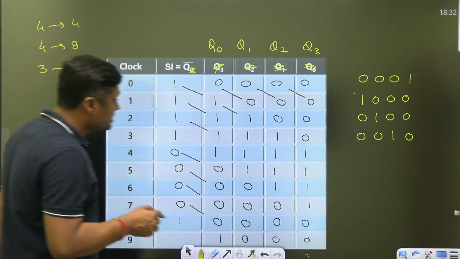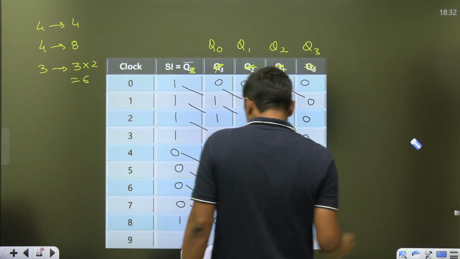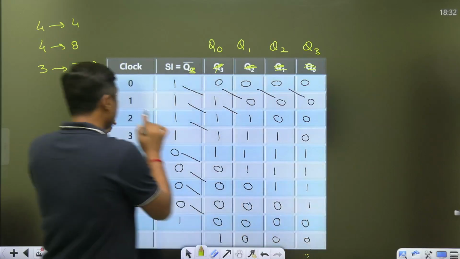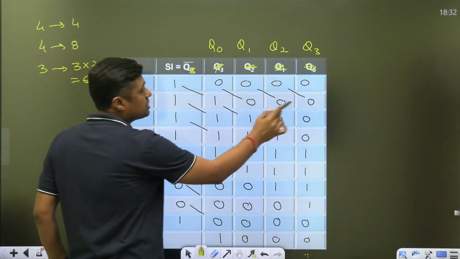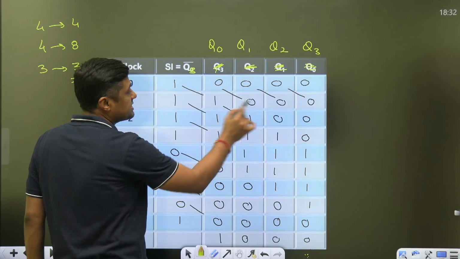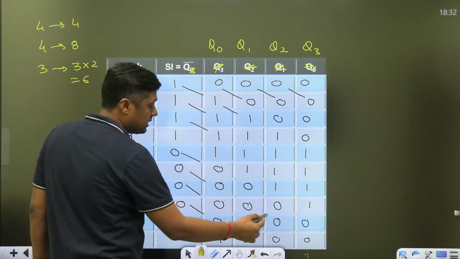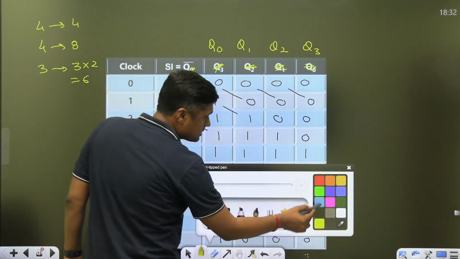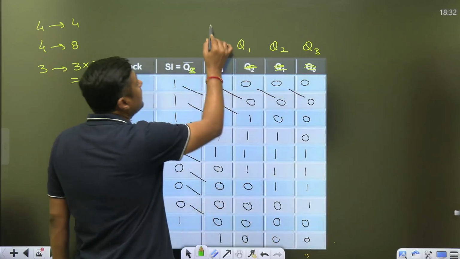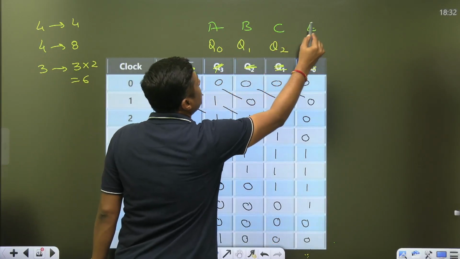To decode this, we are using very simple decoding logic, or AND gates. You can directly write like this. For example, for the first, it is 1, 0, 0, 0. This is the first one. If you take it as the first state, then second, third, fourth, fifth, sixth, seventh, eighth, right? Then you can write like this. Let this be the A flip-flop, this is the B flip-flop, this is the C flip-flop, and this is, let's say, the E flip-flop.